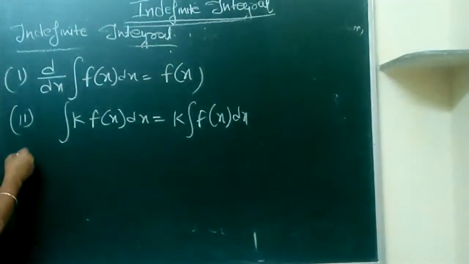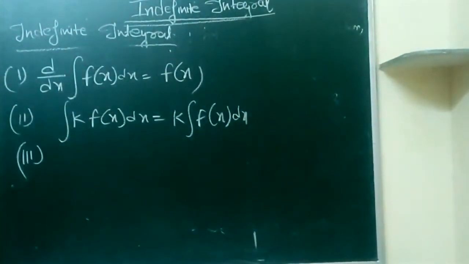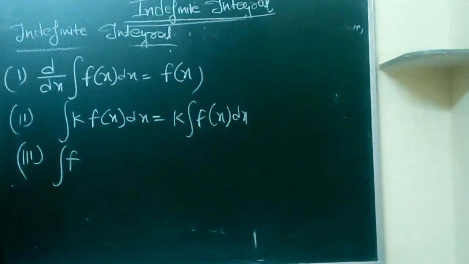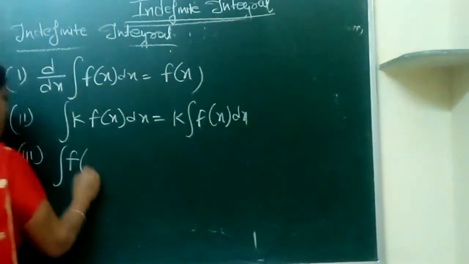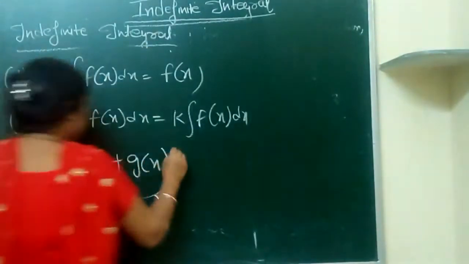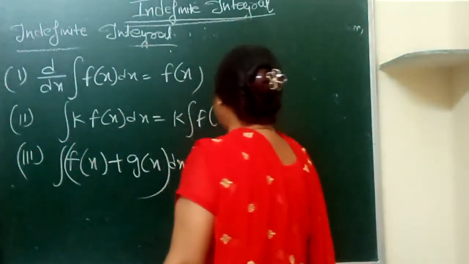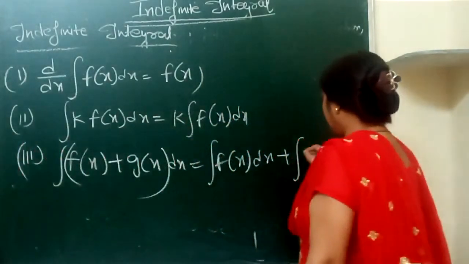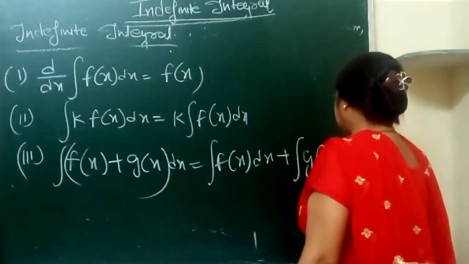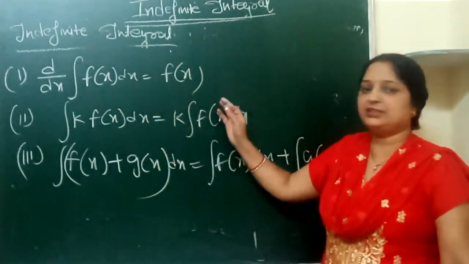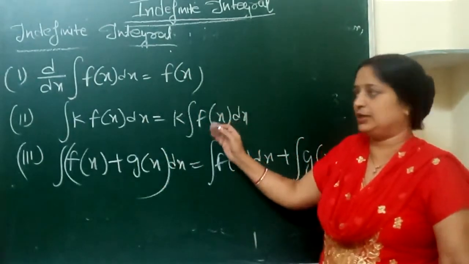Then integration of f of x plus g of x. When two functions are there, then separate it: integration of f of x dx plus integration of g of x dx. Now note down these three.